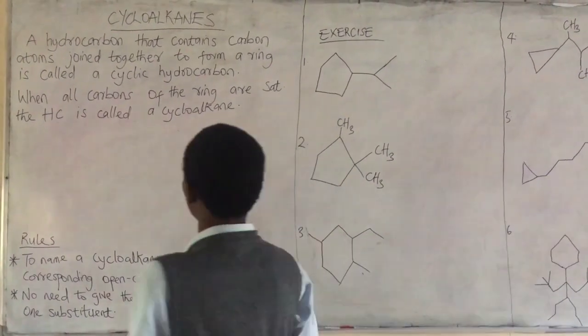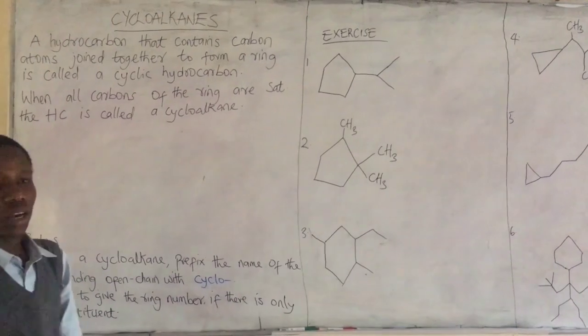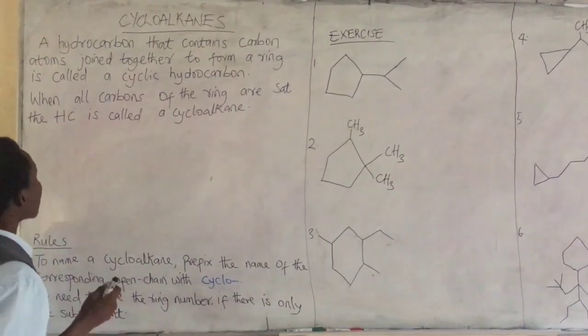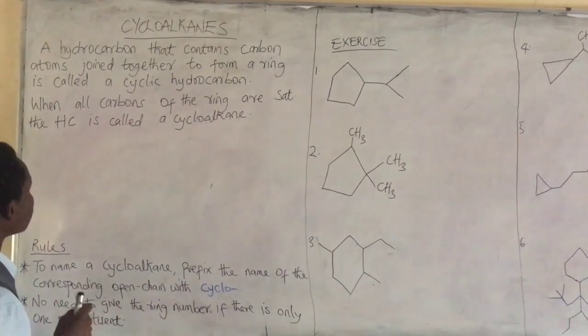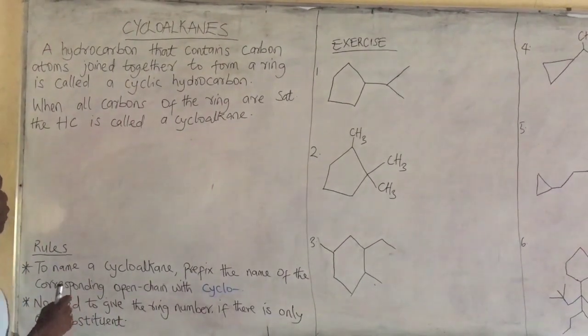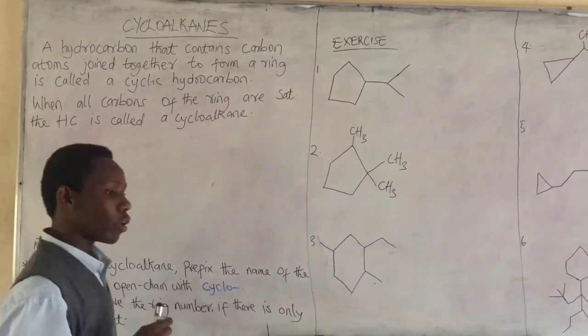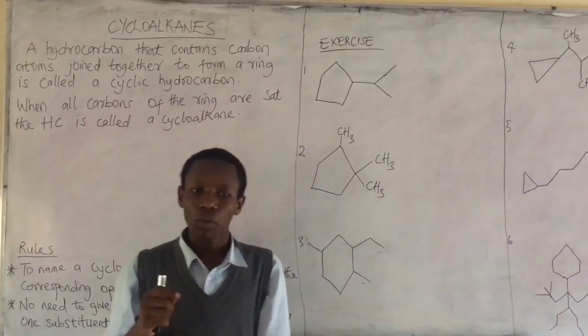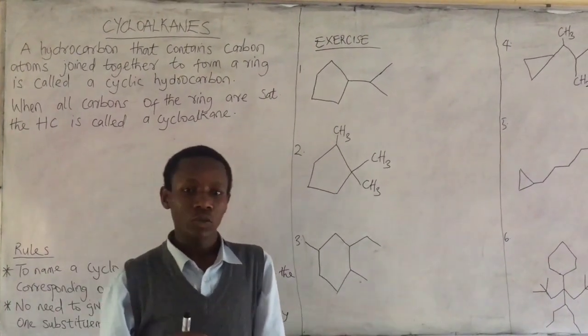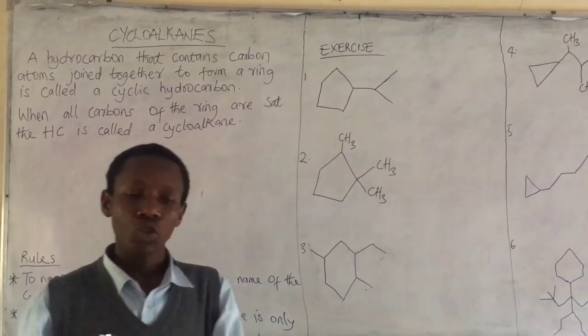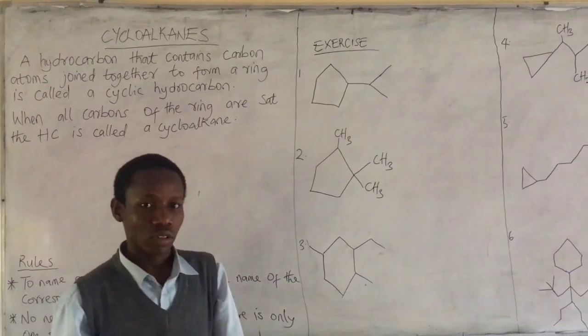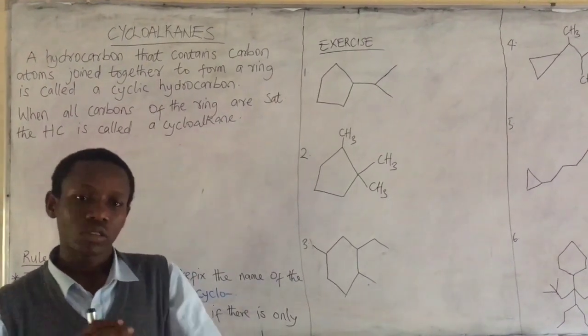Cycloalkanes. So today we're talking about what? Cycloalkanes. A hydrocarbon that contains carbon atoms joined together to form a ring is called a cyclic hydrocarbon. Remember, in our first class, we talked about what? Hydrocarbon. And we said hydrocarbon simply means carbon and what? Hydrogen. We also talked about saturated hydrocarbon as hydrocarbon with what?